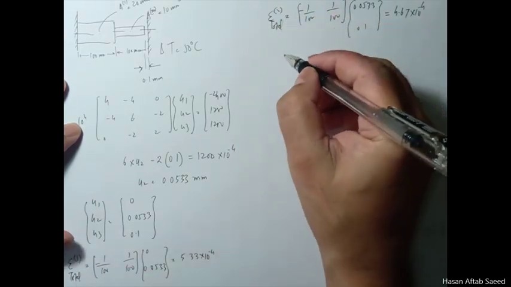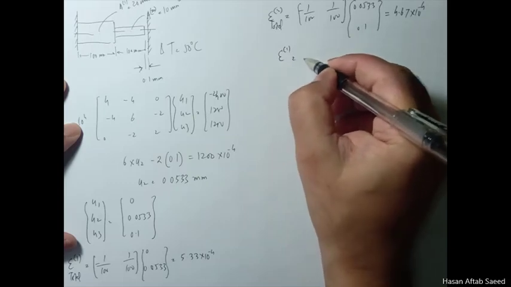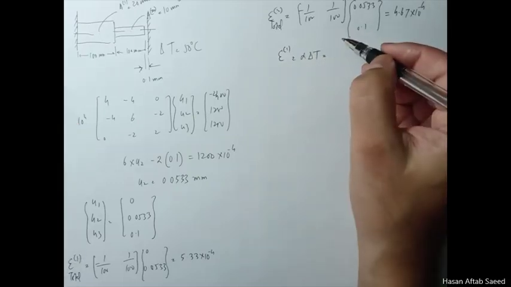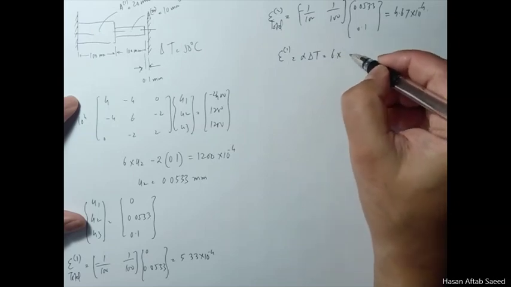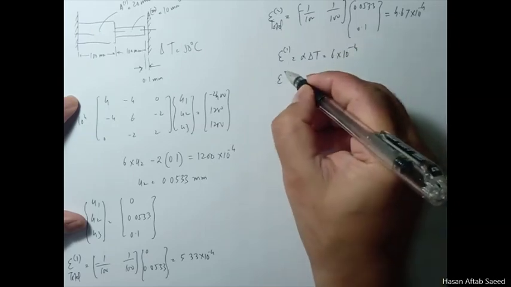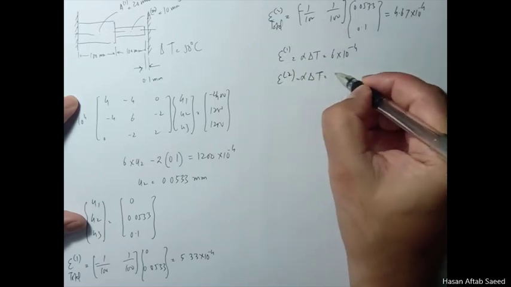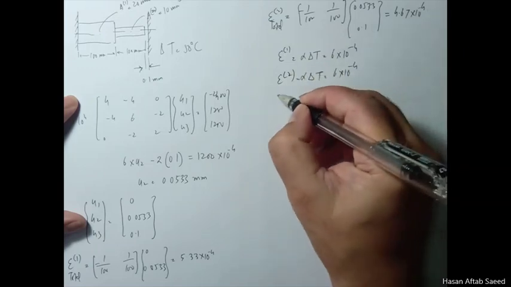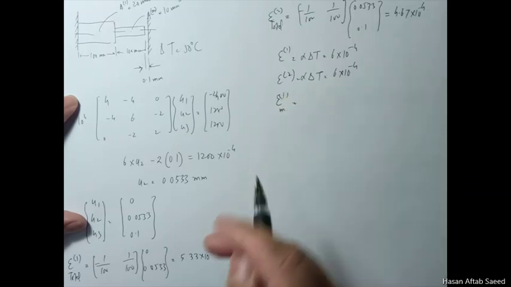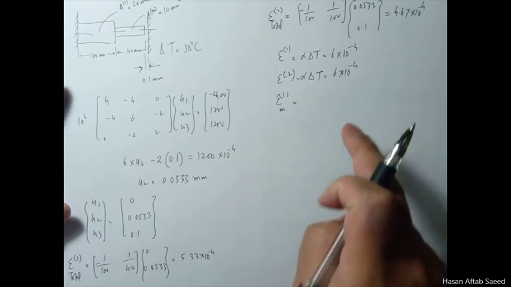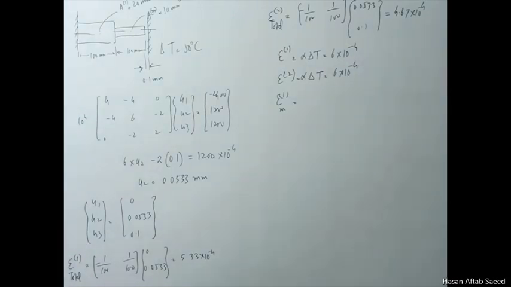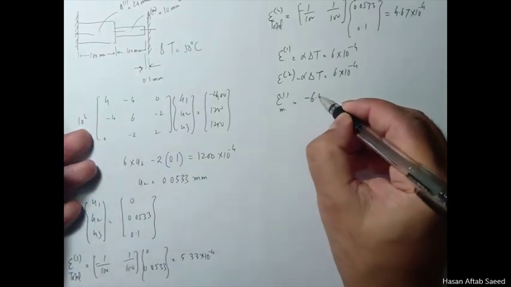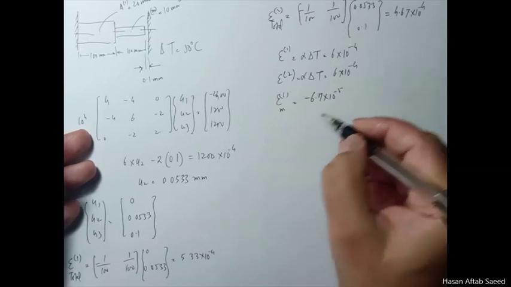These are the total strains. Now the thermal strains, alpha delta T, we know the same. We have been doing it for the last two questions. 6 into 10 raised to the power minus 4, epsilon 2 again, alpha delta T, 6 into 10 raised to the minus 4. Now epsilon 1 mechanical will be the difference between this and this one, which is minus 6.7 into 10 raised to the power minus 5.